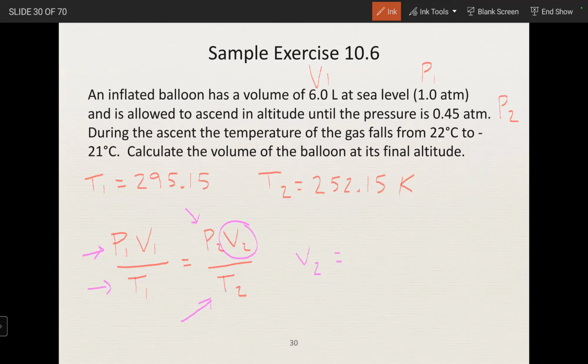And that'll be in liters since that's what our other volume's in. But since we've only got 2 sig figs in all of these, we're going to want 2 sig figs as well. So we'll round that from 11.39 just to 11 liters.